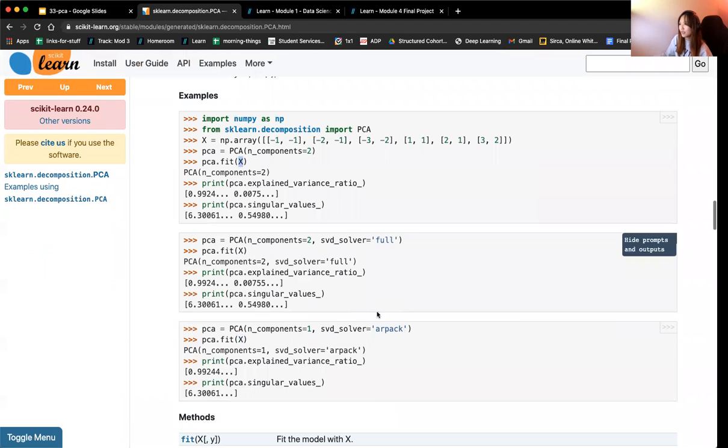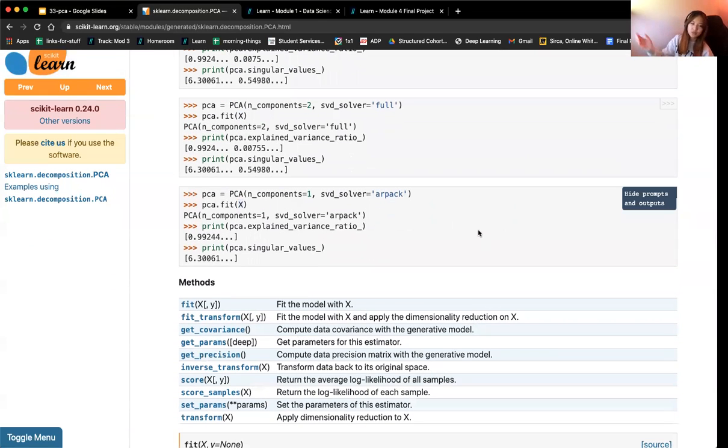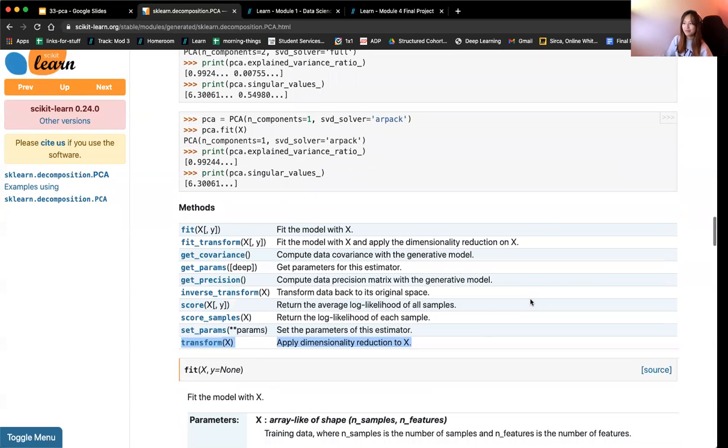I don't think they have an example here, but there are examples in your labs. You can do a fit transform to apply the dimensionality reduction on X. Then on your test set, you just do your transform. That's how you would apply your PCA to your test set, for example. Or if you have unseen data points, you can also feed them through the transform.